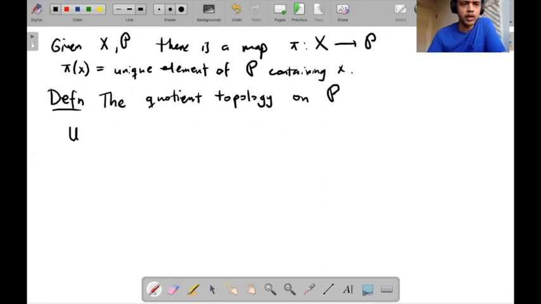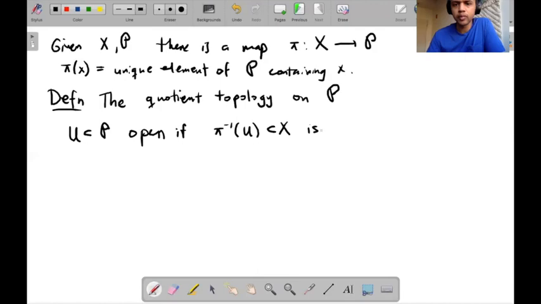We say a subset U of P is open if pi inverse of U in X is open. So we declare U to be open if its preimage under this map is open. Note that this is going to automatically make this map pi a continuous function.